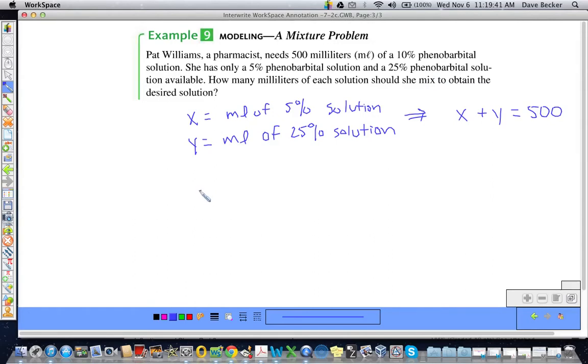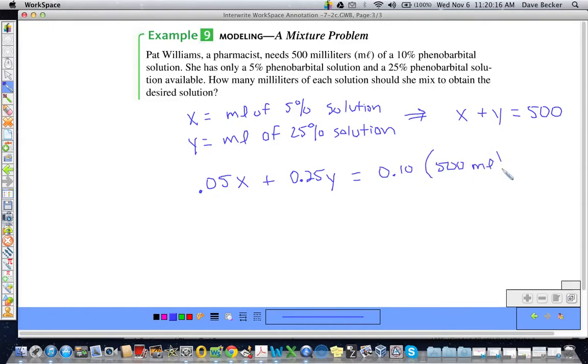So what we can say is that we're going to take the 5% times the number of milliliters, plus the 25%, notice I'm changing this to a decimal, times the amount of the 25% solution, and we need it to be a 10% solution, so that's 0.10 of the 500 milliliters.